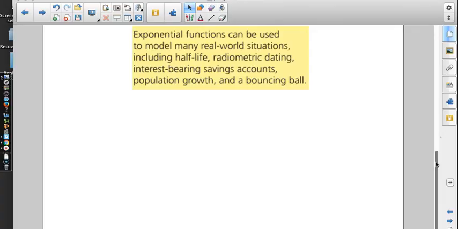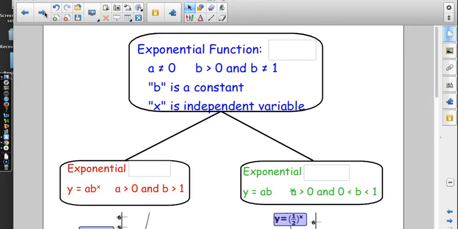And in fact, at this point, it's half of what it should be, so it's not going to help you out very much. Radiometric dating, that's carbon dating, interest-bearing savings account, population growth, and not that we want to really study a bouncing ball, but yes, you can use a bouncing ball as an example of exponential decay.